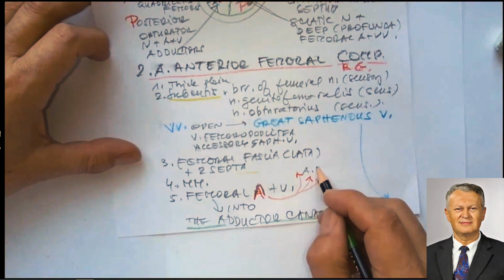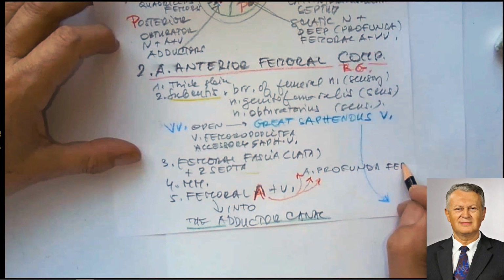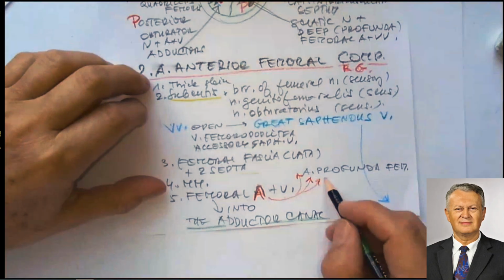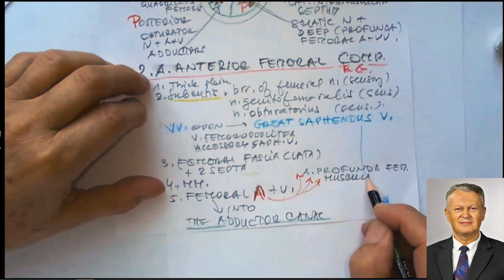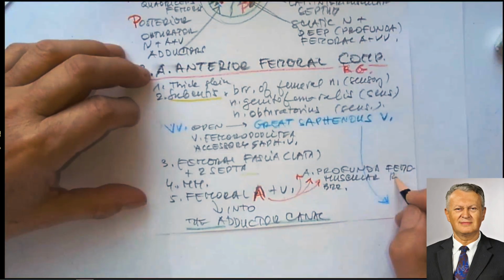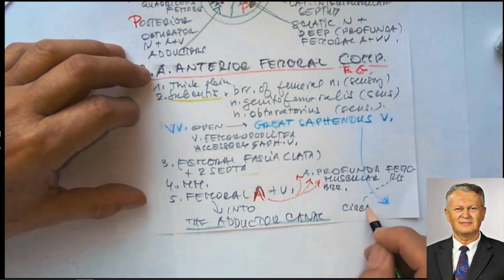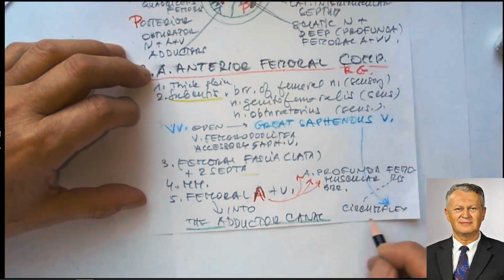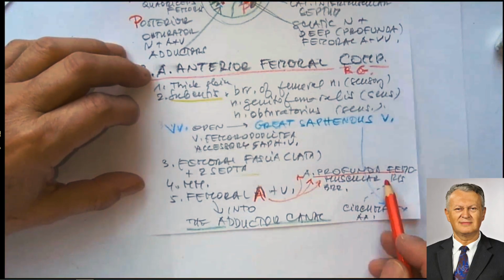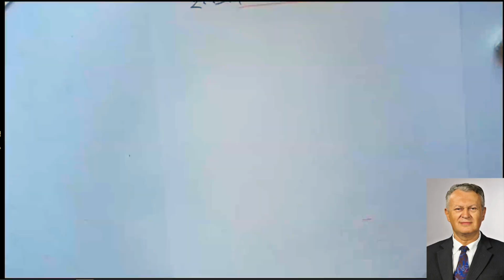This is the arteria profunda femoris, an important branch that supplies the dorsal side. Then muscular branches, many, and the profunda femoris, the whole name, also the circumflex arteries. This is sufficient. It's important to mention the profunda femoris because this is the second biggest artery in the area. That's it.